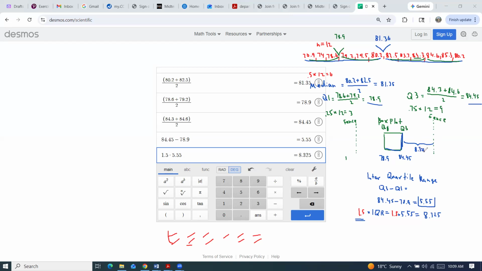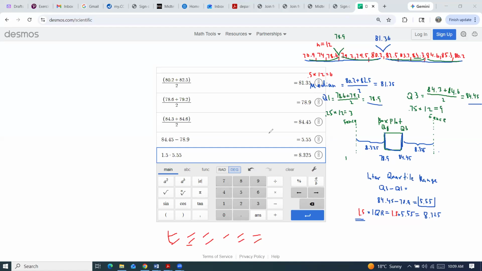And analogously, if I move from my left end of the box, which is quartile 1, by that same exact interquartile range times 1.5, it must be times 1.5, I would produce the other location for left fence. And in between of those two fences, well, everything from my sample needs to be.